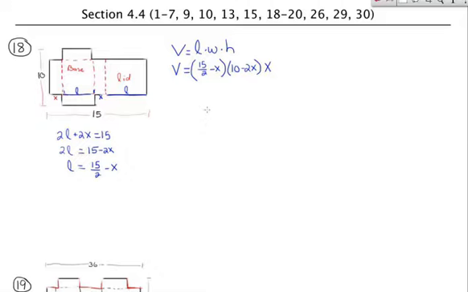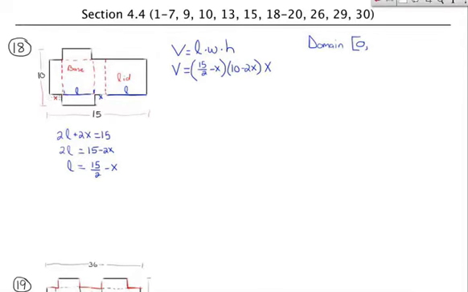Part B says find the domain of the volume of the box. And so once again we have to think about this. x has got to be bigger than 0. So domain is going to be, technically we'll let it equal 0, and then the volume would be 0. And then if x is 5, that'd be as big as we could go on this side, but the question is, what about this side?